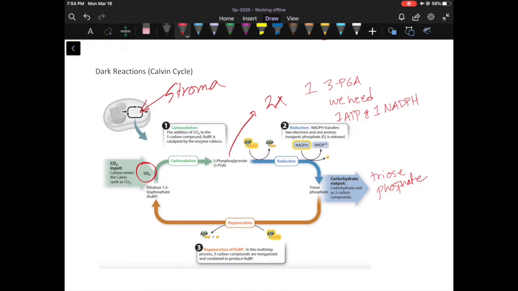And basically, for every 6 triose phosphate molecules that are produced in the Calvin cycle, we can only utilize 1 out of the 6.